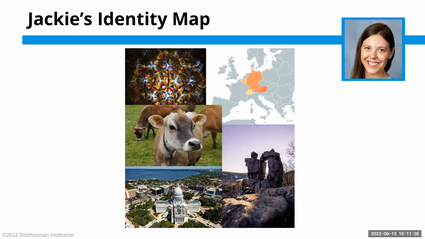You'll notice that my identity map includes places that are important to me, where I grew up, a particular place that I often visited, and things that represent my heritage. So the cows there are because my grandfather was a dairy farmer and my father is a large animal veterinarian.